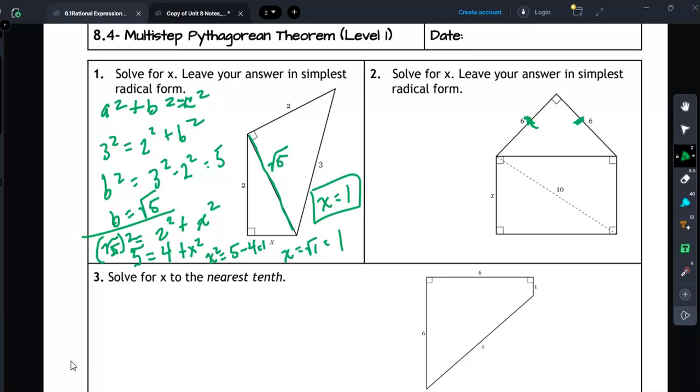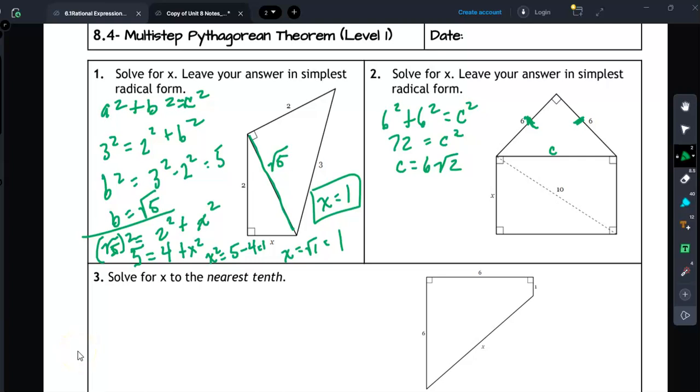So we have these legs. 6 squared plus 6 squared equals, I'm going to call this our C squared, right? So 72. Yep, 72 equals C squared, or C equals the square root of 72. I'm going to use my calculator, see if that simplifies at all, and it does. So that is 6 square roots of 2. If you just use these yellow calculators, they do a really good job of simplifying your radicals.